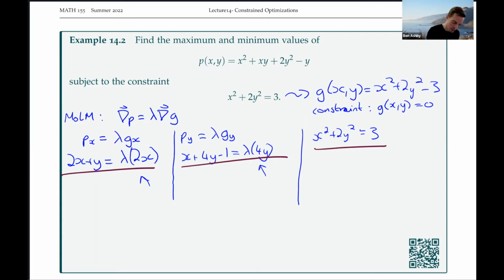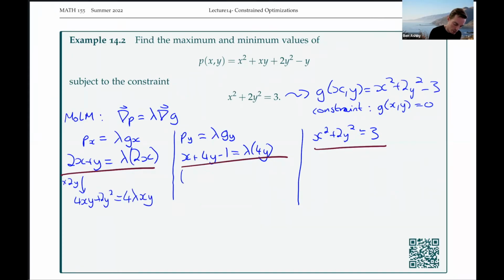So we can do a little bit of manipulation to make the right-hand sides of these equal to each other. If we multiply this by 2y, then we're going to end up with 4xy plus 2y squared equals 4 lambda xy.